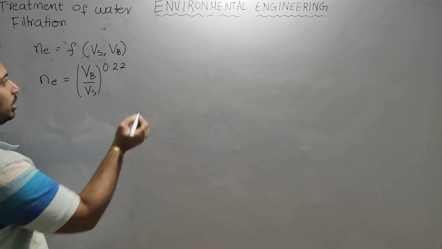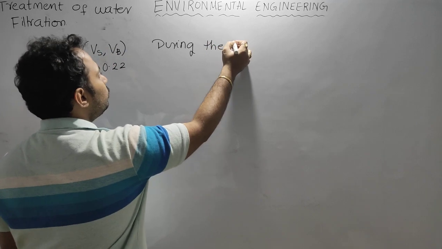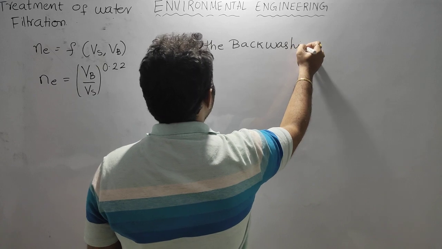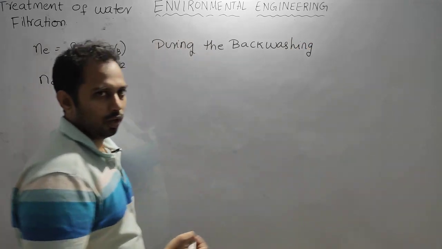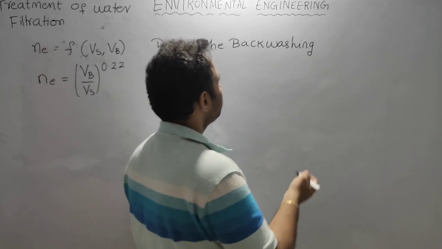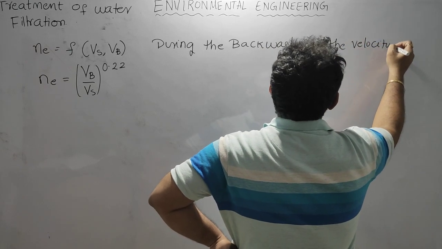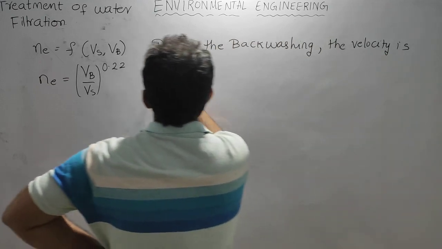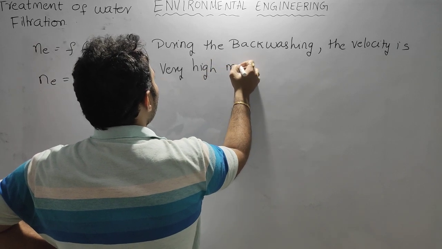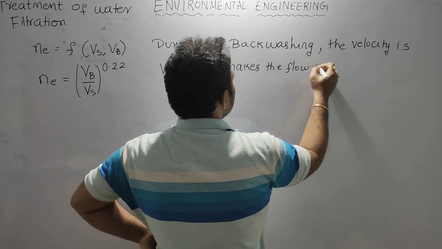Actually, during the backwashing, the velocity is very high. The velocity is very high and makes the flow no more laminar.